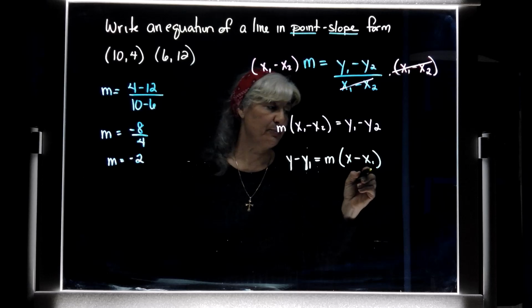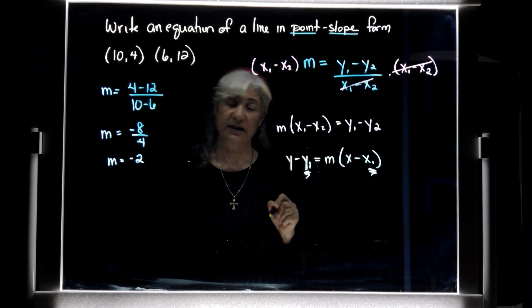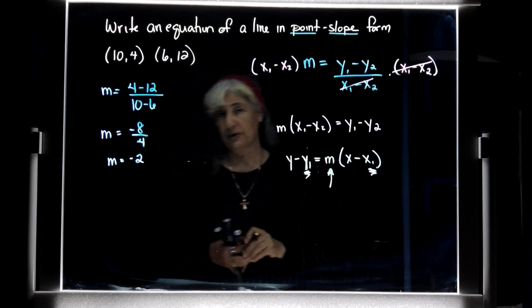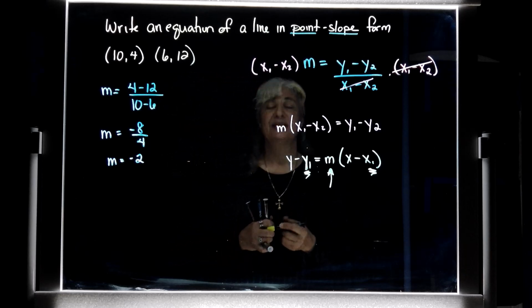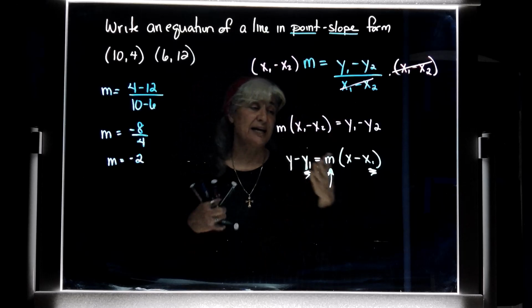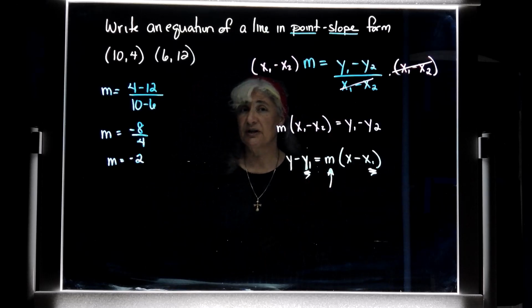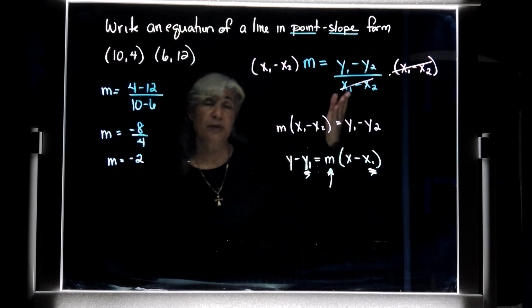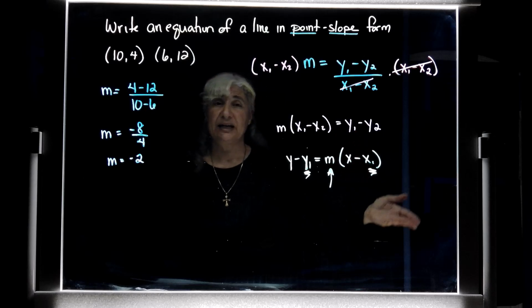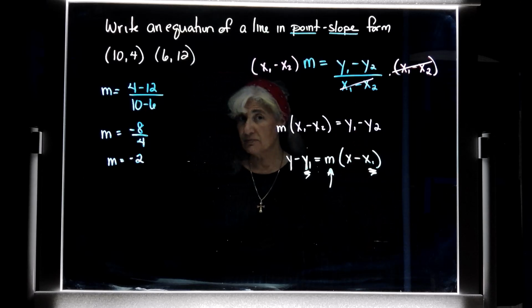I have a point, an x and a y, and a slope, point-slope form. Good? That's how they get it. All they did was they rearranged the slope formula and hello, point-slope formula. So if you ever forget it, remember your slope formula and multiply both sides by the denominator, and here's point-slope.